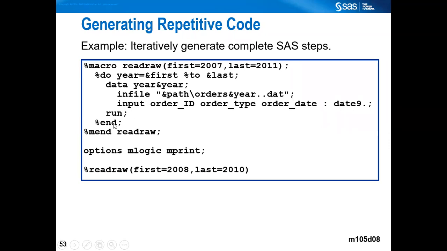Then RUN. And this %END is to end the do loop. So OPTIONS MPRINT MLOGIC, and you call it with the first value as 2008 and last as 2010. If you have a series of raw files like this, you can read them depending on the year values.